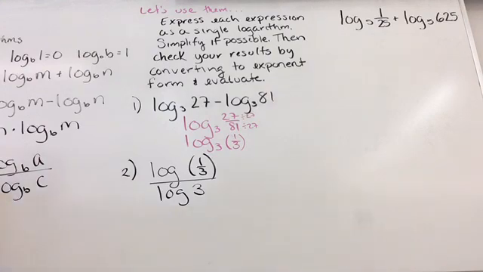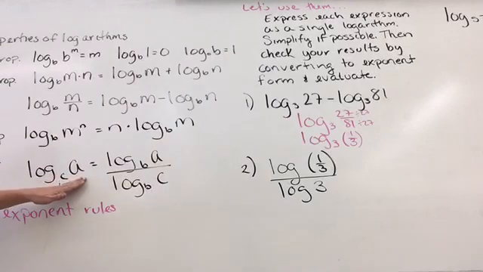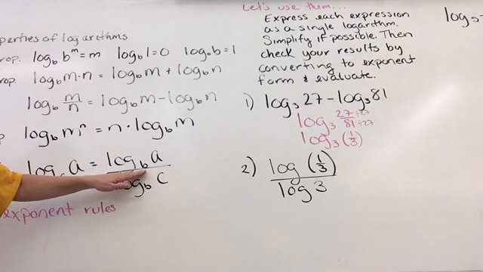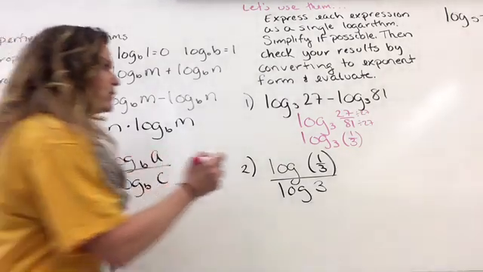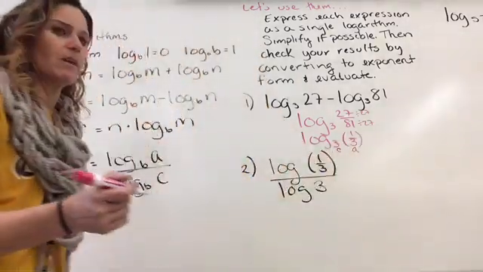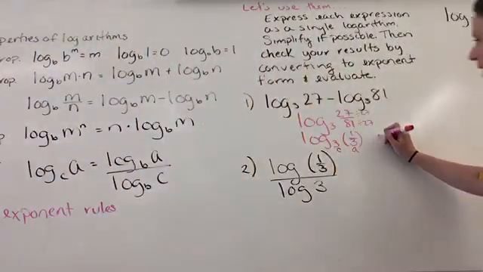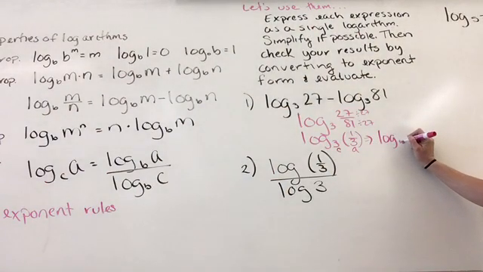So we're going to use this rule back over here where it said if we have log base c of a, that's the log base b, which is a 10. We want to convert it to a 10 of the a. So remember, this is our c value, this is our a. We want to make it a log base b of 10. So we're going to rewrite this as log base 10.